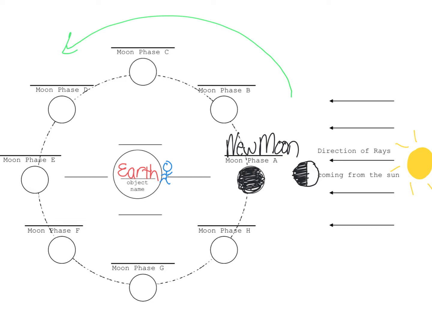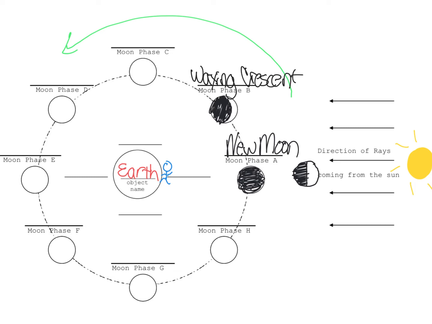As the moon moves into that position, the observer on Earth still sees mostly darkness, but a little bit of light starts to creep in on the right side. Our observer sees a skinny banana of light on the right-hand side, and the rest of the moon remains in darkness.